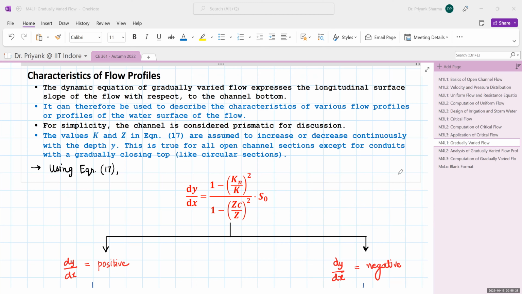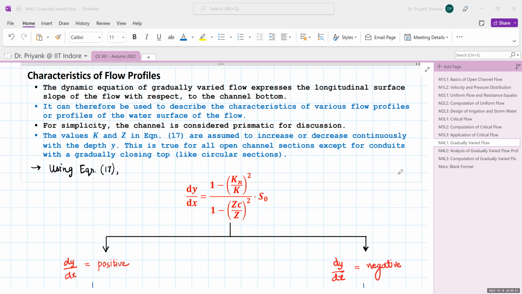Now if we carefully look at the relationship of the conveyance and the section factor equation, they either monotonically increase or decrease with respect to the depth. This relation is possible for all channel sections except the channels which have a closed top, or the channels of second kind like circular sections.